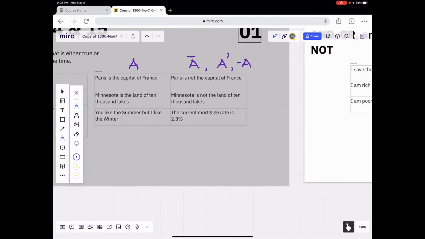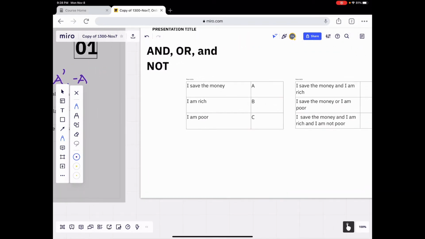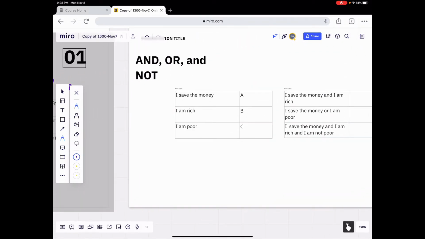All right. Move on to the logic gates: and, or, and not. Let's say I assign A, B, C to three statements. Letter A for I save the money, letter B I assign as I am rich, and letter C for I am poor.